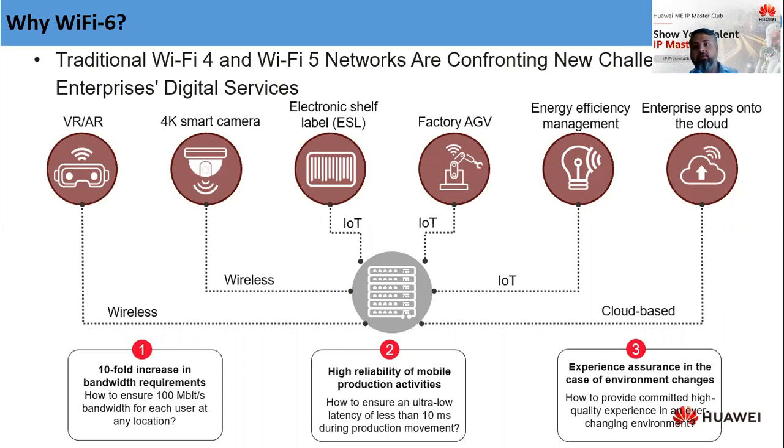So over the last 3 to 4 years, customer requirement for bandwidth has increased at least 10 times, with 4K, 8K coming on, with VR, with AR coming up as a basic requirement in some organizations, with AGVs, with ESLs, IoT sensors, even within the organizations, the temperature and humidity sensors, plus all the Zigbees connecting to the network.